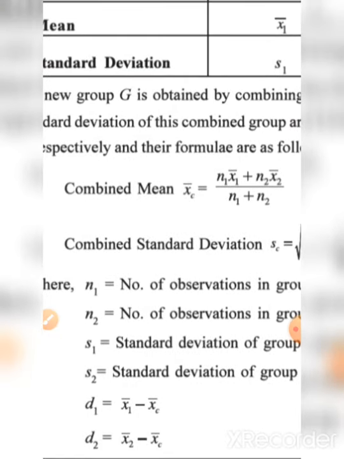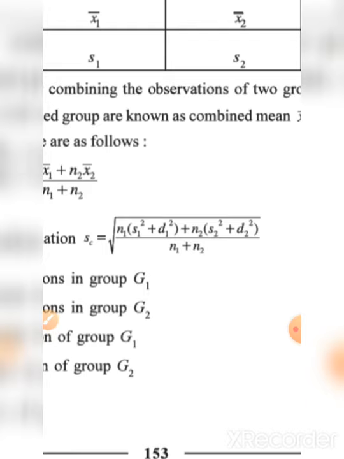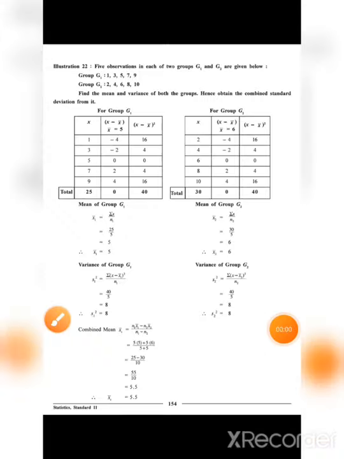Your combined mean is denoted by x bar c, and it is n1 x bar 1 plus n2 x bar 2 whole upon n1 plus n2. You are going to use the formula of combined mean while finding d1 and d2, and all these values you are going to put into the formula of combined standard deviation, and that is how you can find the combined standard deviation.